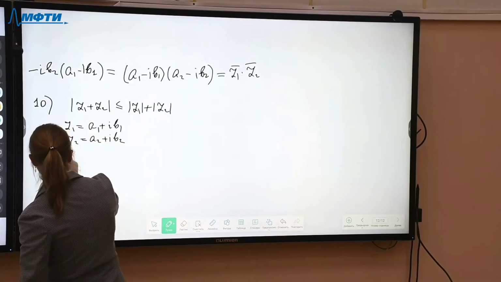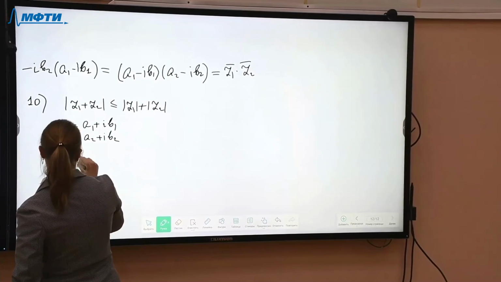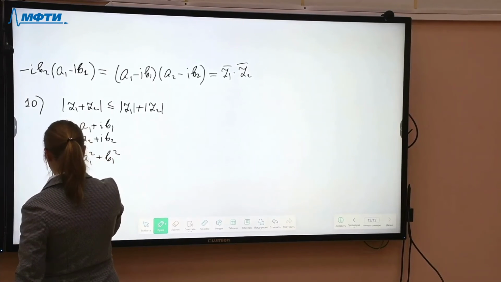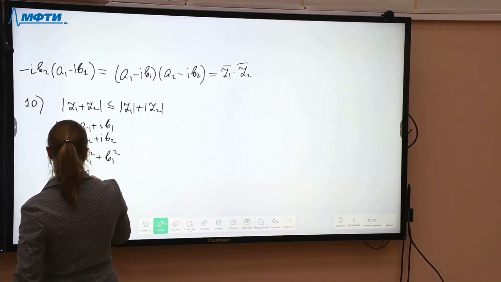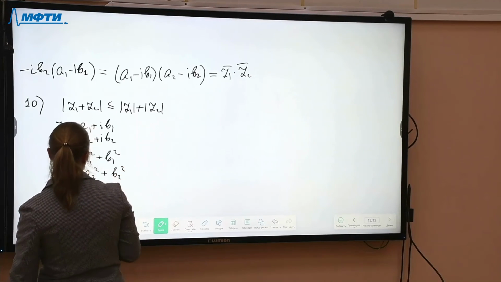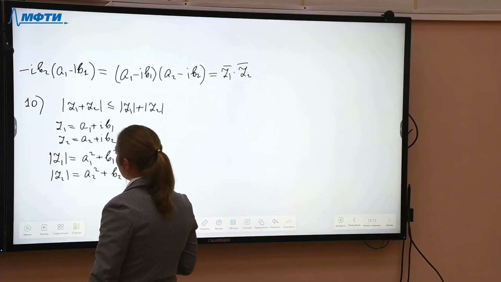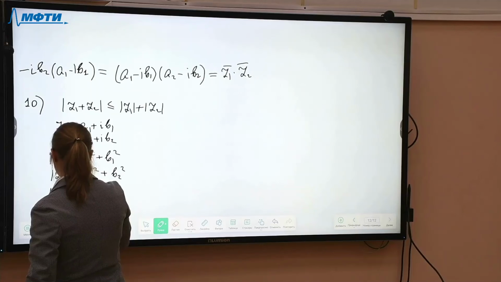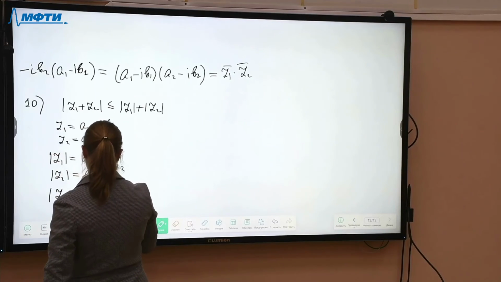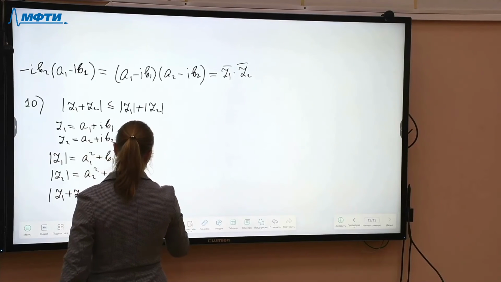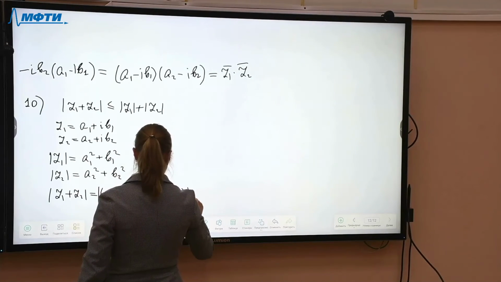In this case, the modulus of z1 is the square root of a1 squared plus b1 squared, and the modulus of z2 is the square root of a2 squared plus b2 squared. If we want to find the modulus of their sum, first of all, we need to find their sum. It will be a1 plus a2 plus i times b1 plus b2.